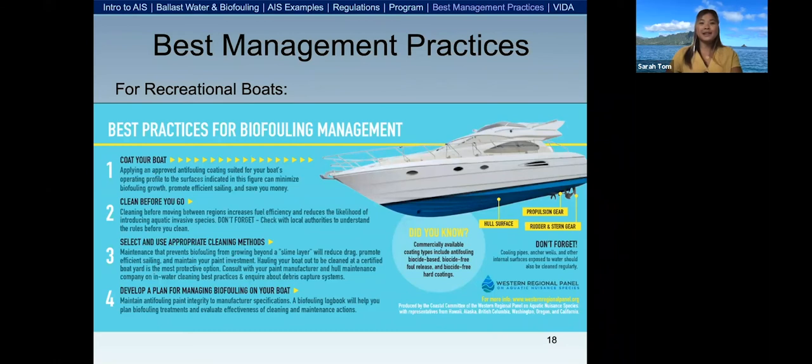Going hand in hand with the previous booklet is boat maintenance and making sure a hull is clean with the appropriate paint. And then lastly, having a plan for managing the biofouling on your boat and having a logbook of your biofouling treatments and paint expiration dates.